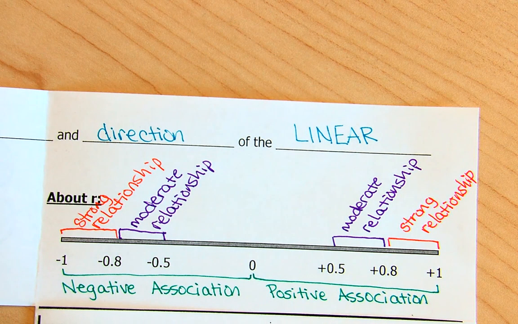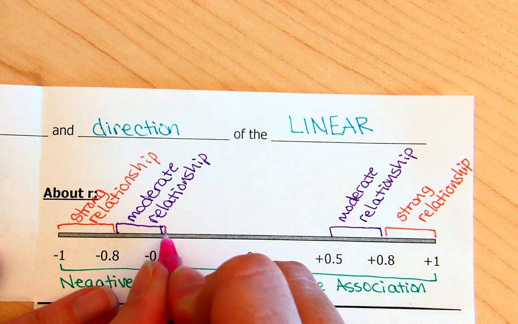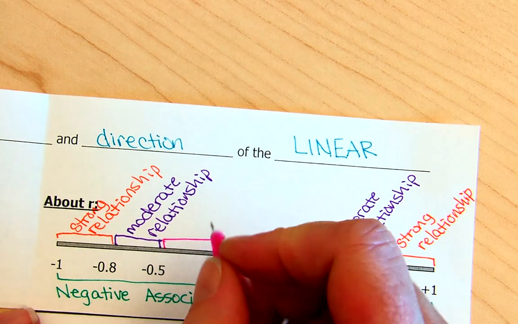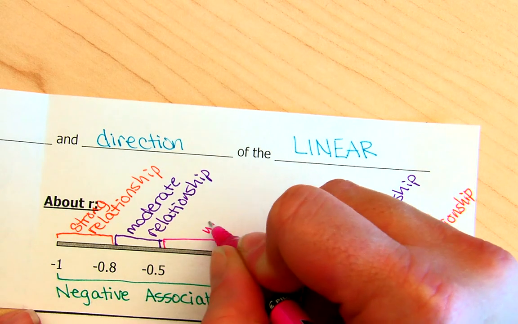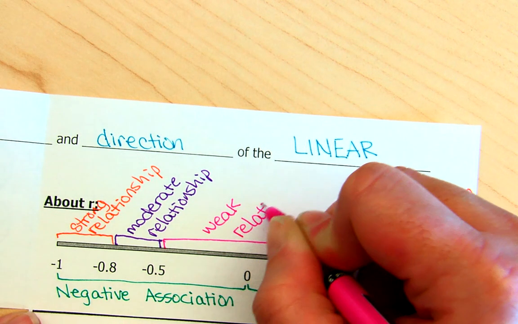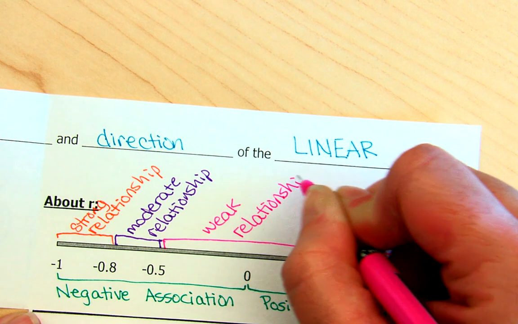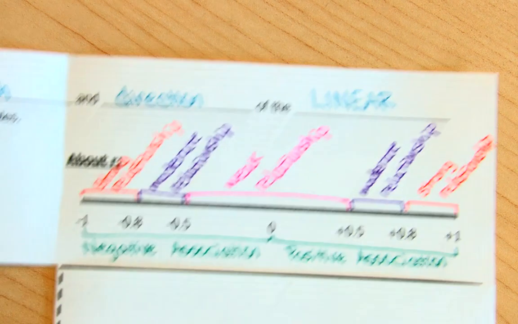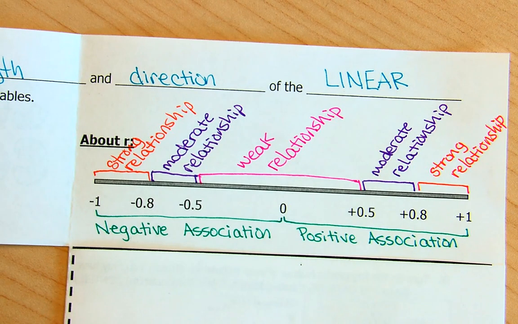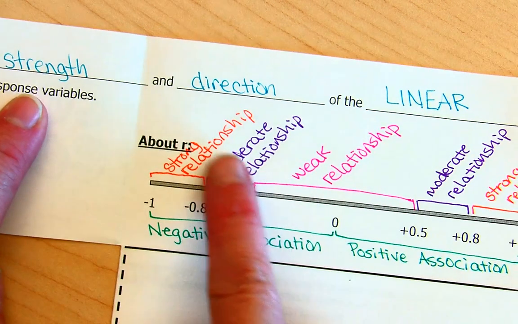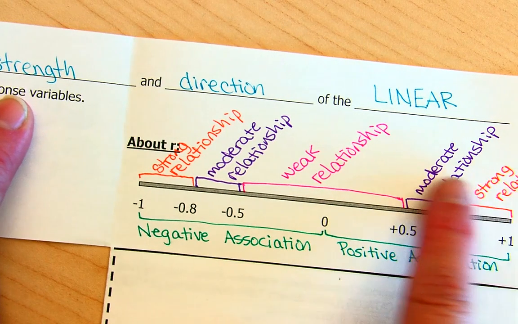If you get a value here in the middle, between negative 0.5 and positive 0.5, we call that a weak relationship. So once you know the value of R, your correlation coefficient, that will tell you about the strength, because it's going to be one of these, depending on its value.